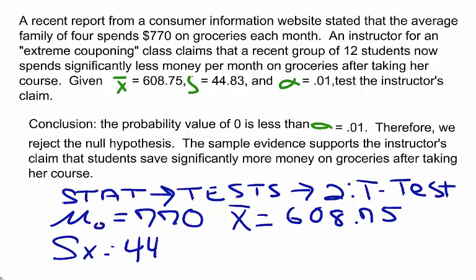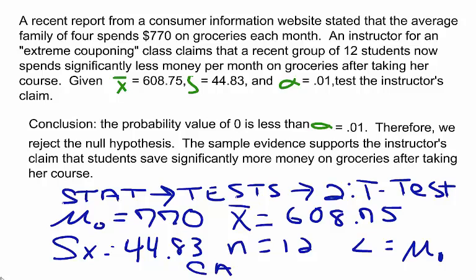That's 44.83. We type in then the sample size, n equals 12. Next, you're asked to select less than, not equal to, or greater than. So you'll use your arrow keys to highlight the less than, and select less than mu null. Finally, you'll hit calculate.